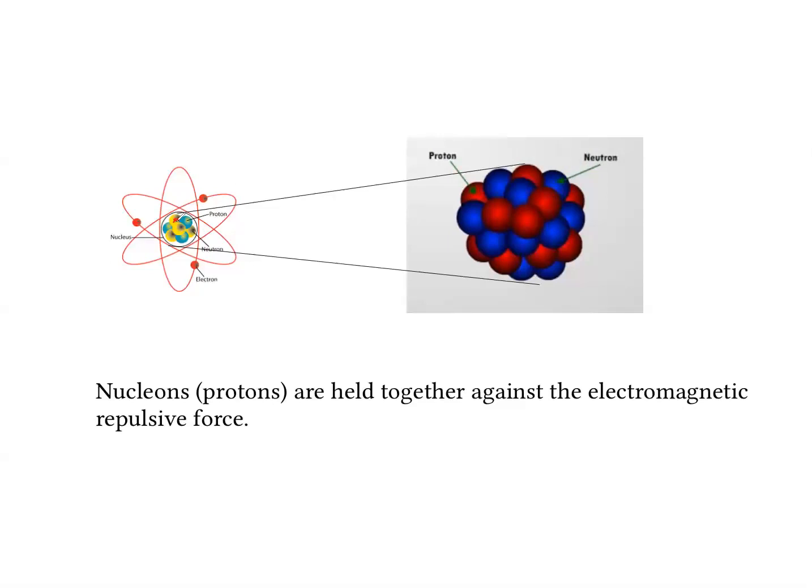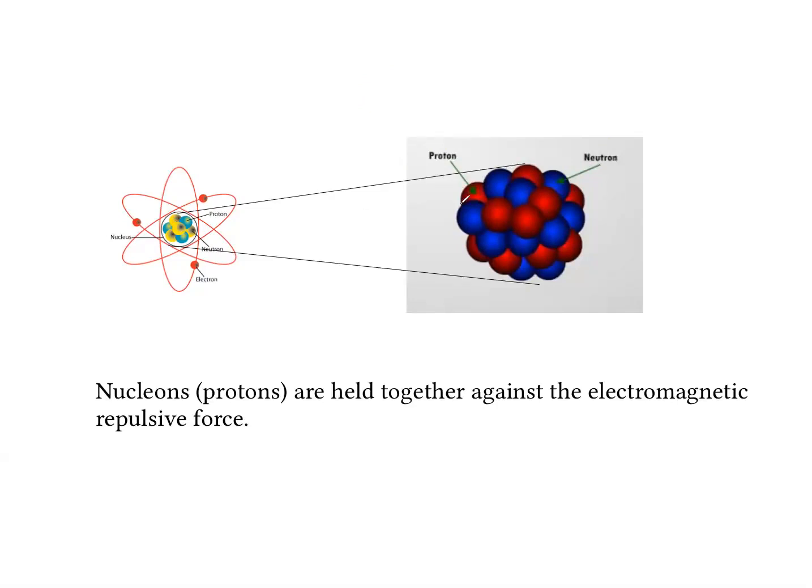Now let's go inside the nucleus. Inside the nucleus we have protons and neutrons. Protons have positive charge, and we know that positive charges repel each other, so they must go away. If I apply classical electromagnetism, then these protons should repel each other and move away, and there wouldn't be nuclei, there wouldn't be atoms. Atoms should not exist.